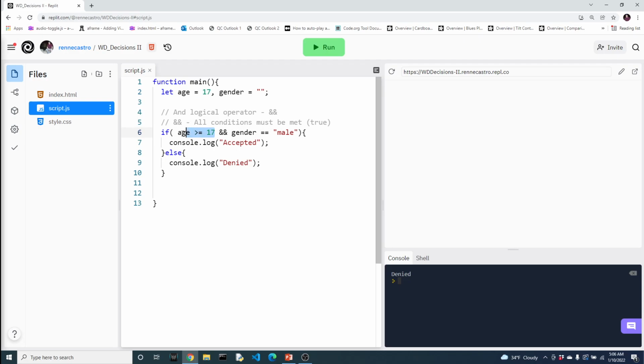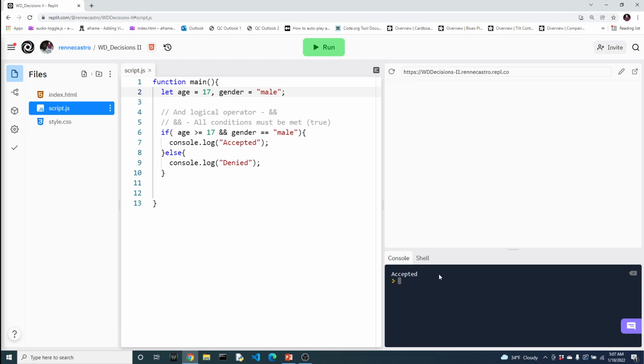So that means that the first side of the condition is met in that they're at least 17, but not the right side. All right, so the gender is not equal to male. The gender is actually nothing right now. And you'll see that it's also denied. So the only way for the whole condition to be met is for both sides to be true. So that is how the logical AND operator works.